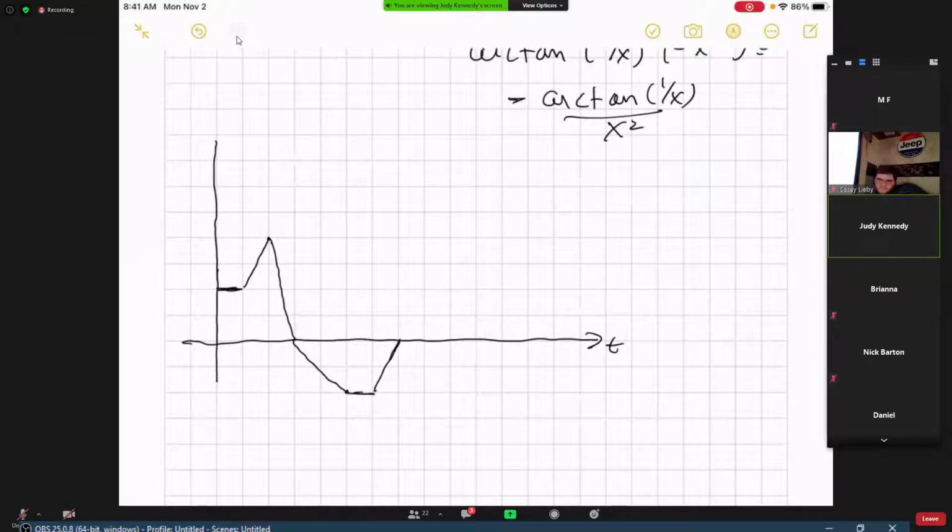Okay, so this is 1, 2, 3, 4, 5, 6, 7, and this is 1, 2, 3, 4. Okay, and this is a graph. I'm going to call this function f. It's piecewise linear because it's composed of 1, 2, 3, 4, 5, 6 line segments.